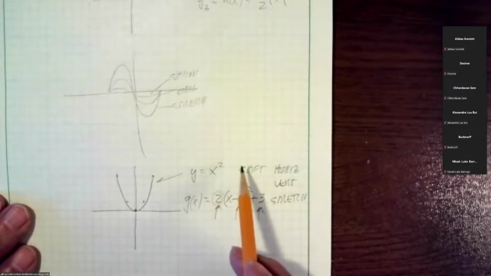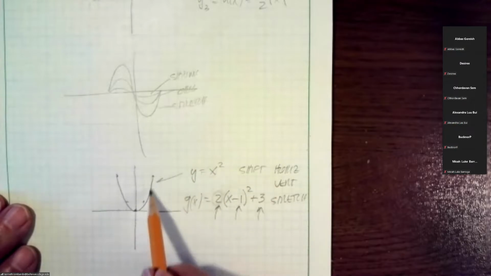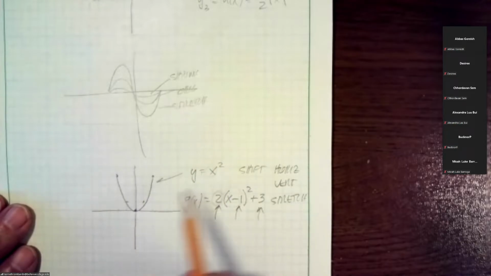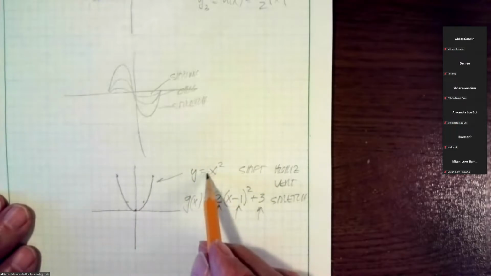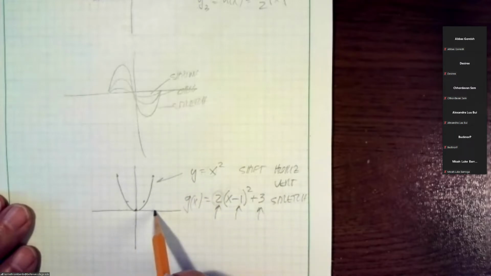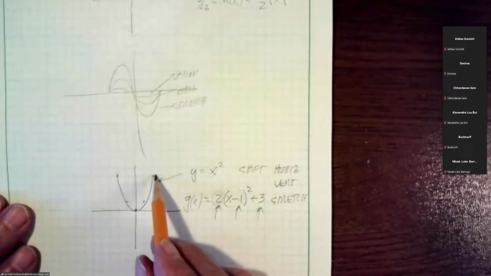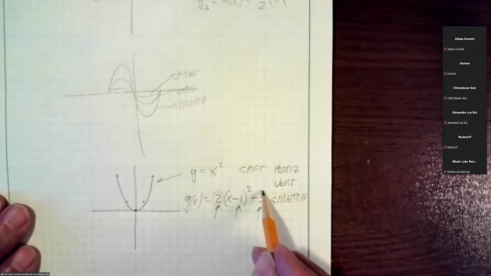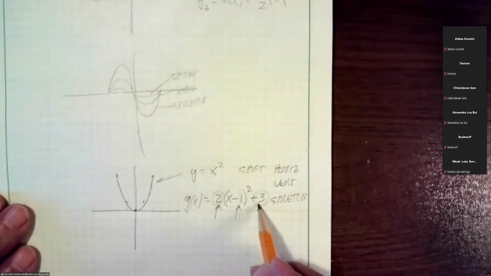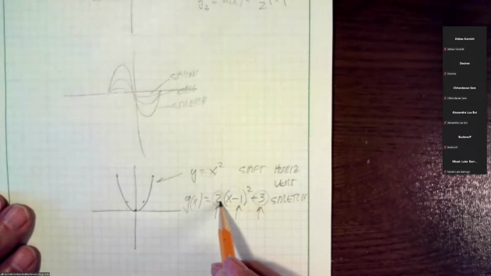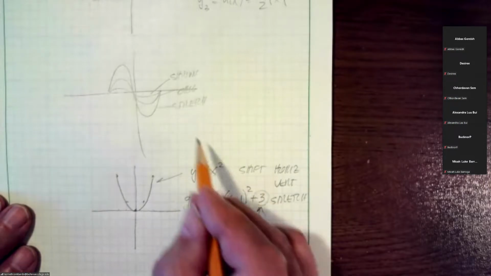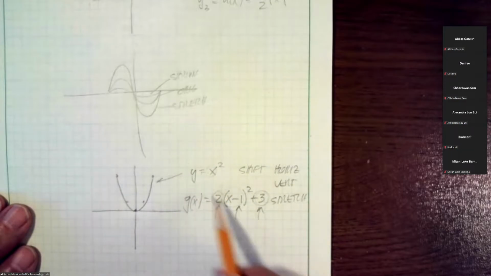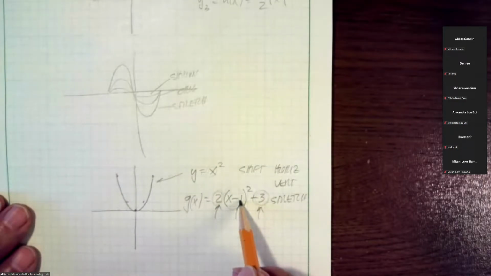So if it was just x squared, it would go up and look just like this, but we're going to make it 2 times this, which means that when we go over 2, instead of going up 4, we're going to go up 8. Similarly, this says we're going to add 3 to whatever value that is. So if we go up by 8, we add 3 to it. So now we're going up by 11 for every value of x. And this -1 here says we're going to shift this curve to the right.